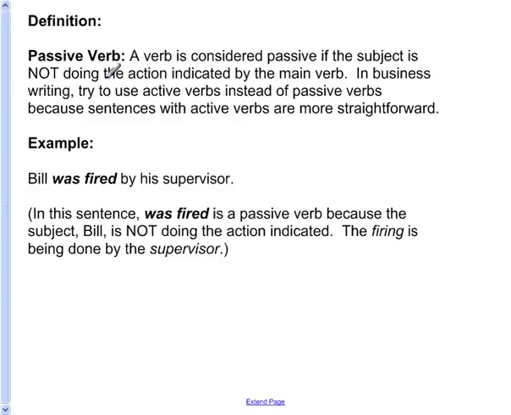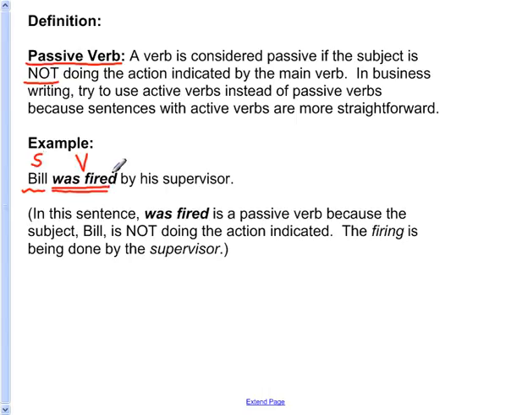Let's look at a passive verb. A verb is considered passive if the subject of the sentence is not doing the action indicated by the main verb. Let's look at an example. Bill was fired by his supervisor. Was fired is the verb, and the subject of this sentence is Bill.